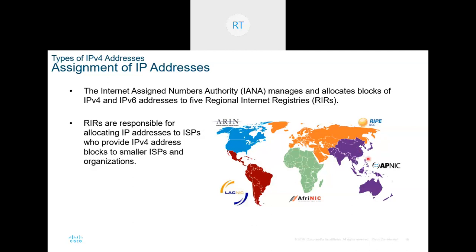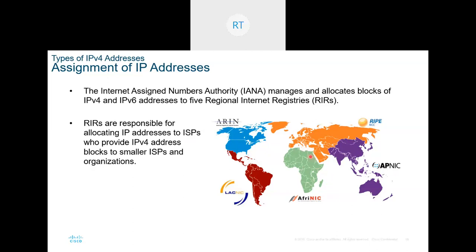There's Europe. There's Asia, and I think some islands there. So what happens is that the registries manage the assignment of addresses. So it means a region like Africa will have blocks of addresses.